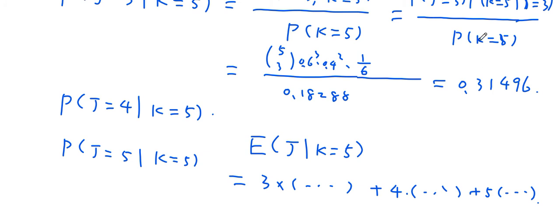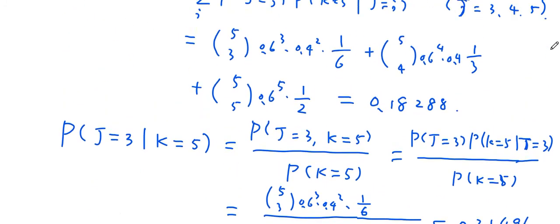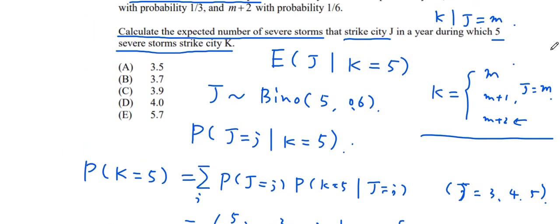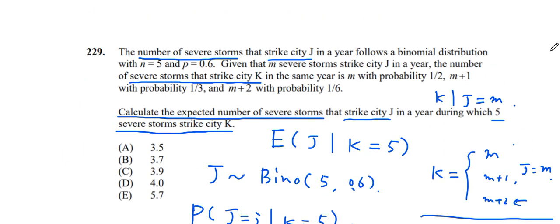Now, this problem is a little bit tough, right? The idea is we need to change the condition like this. We have this condition, but the question is we want to find those other probabilities.